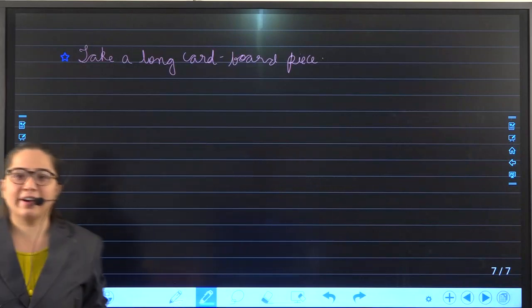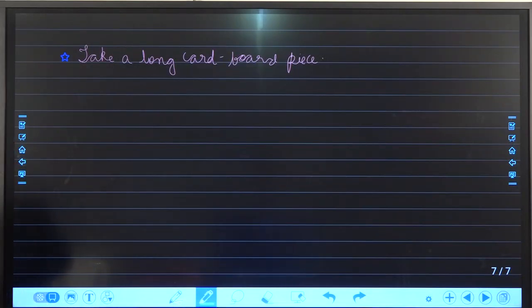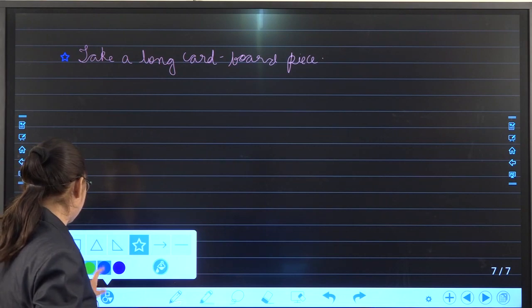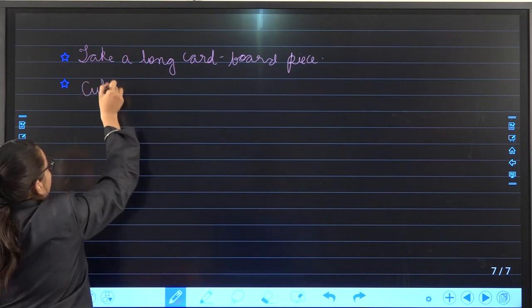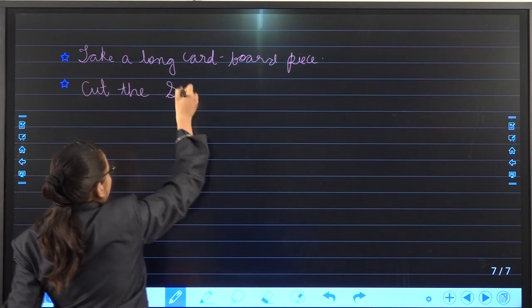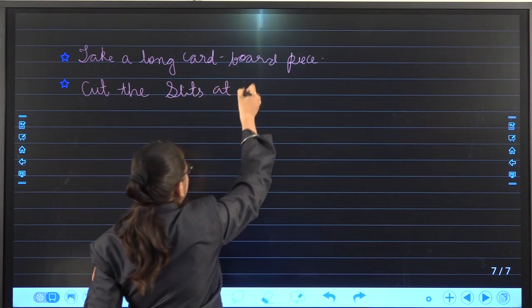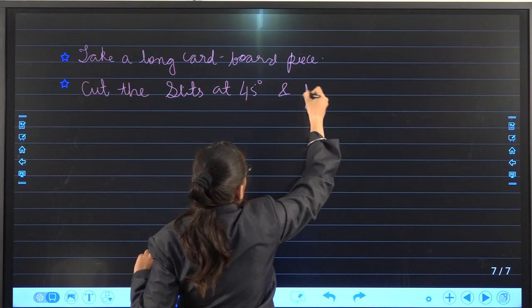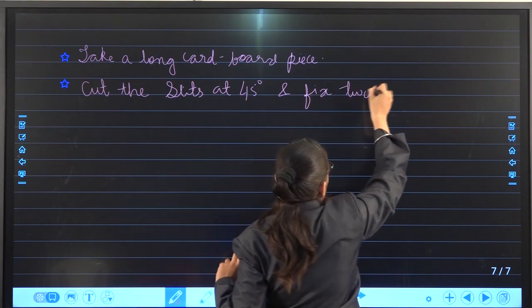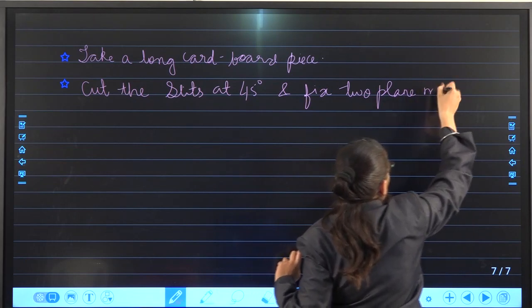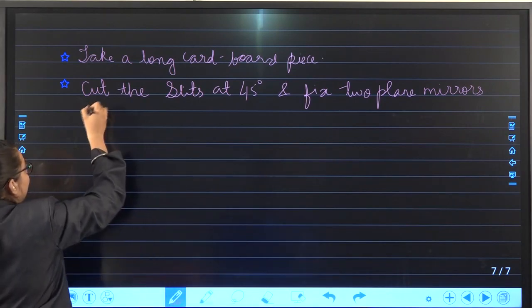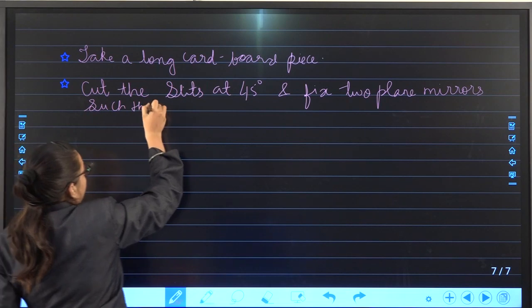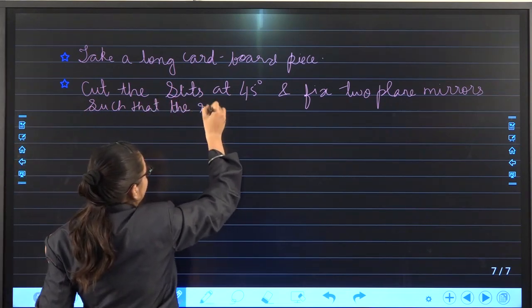So what we did in the beginning part: cut the slits at 45 degree and fix two plane mirrors such that the reflecting surfaces face each other.